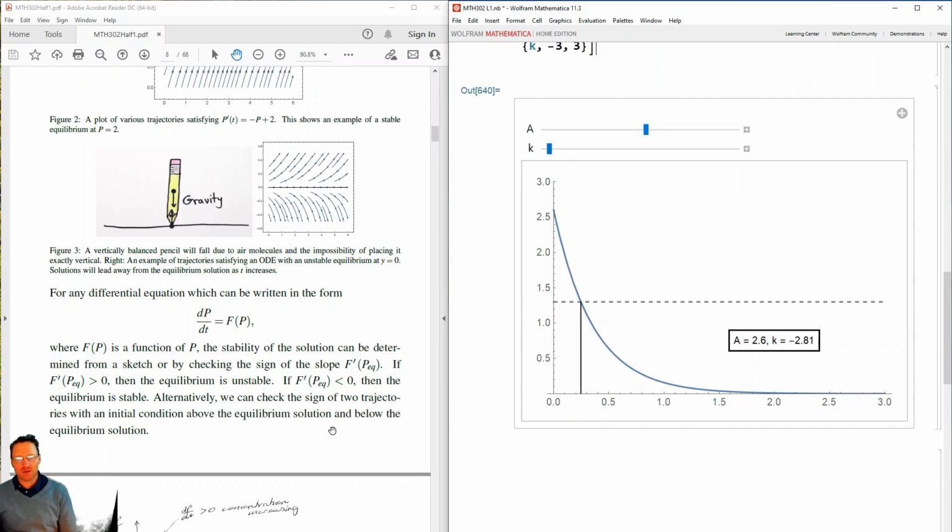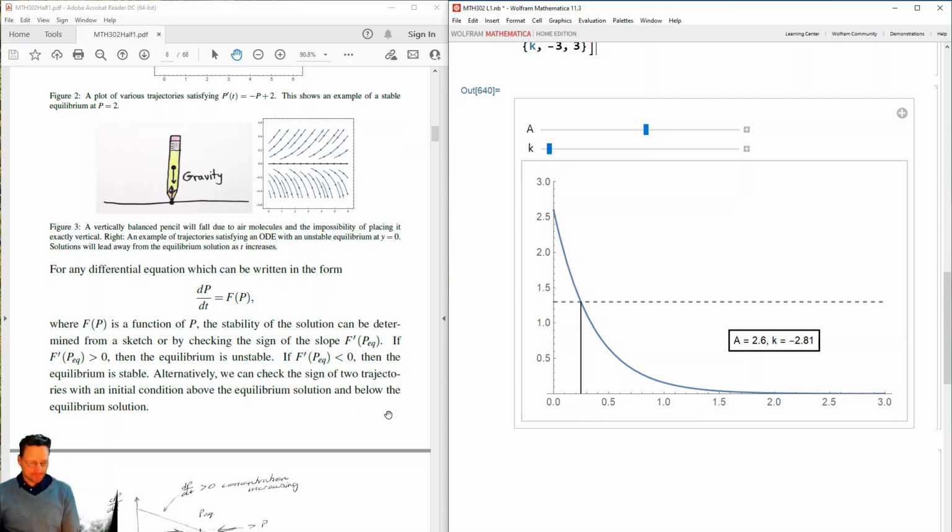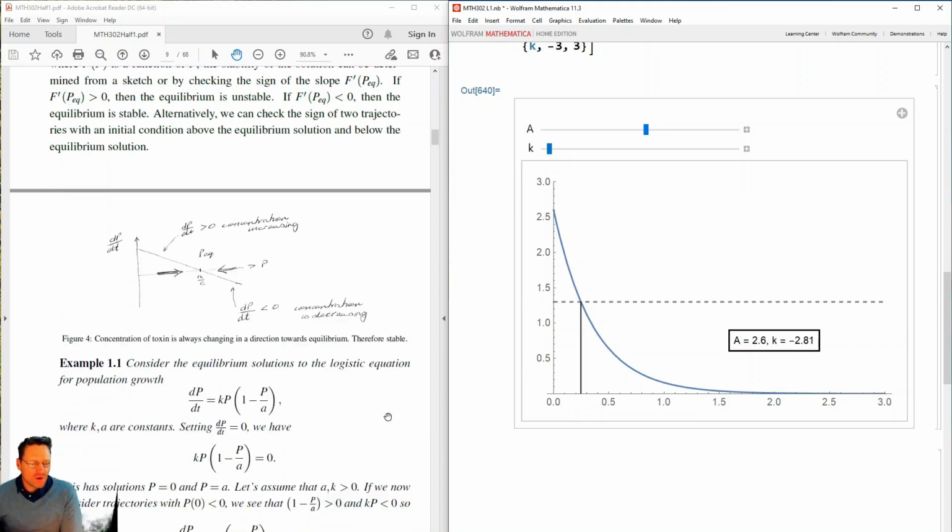A semi-stable equilibrium is when you have trajectories on one side of the equilibrium tending away, and on the other side of the equilibrium they tend towards. But we'll see an example of that soon. Okay, so this is a little diagram that describes this situation here on the sign of f'(p_eq). So we have a description here of a negative slope, and the trajectories tend towards in that case.